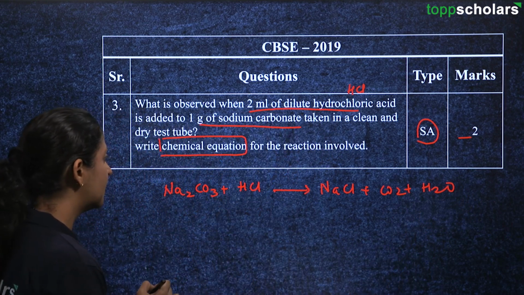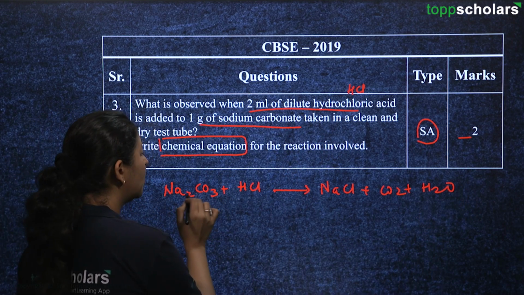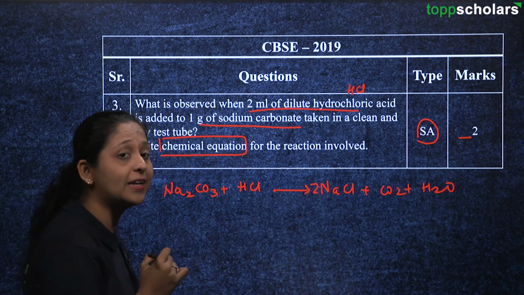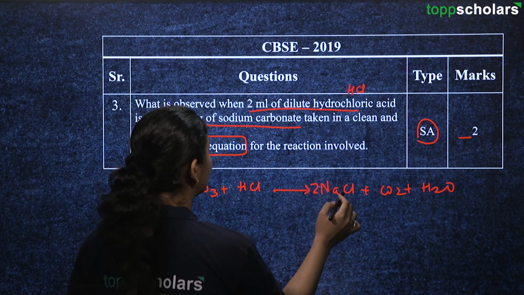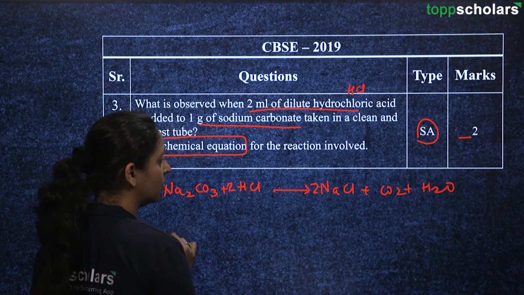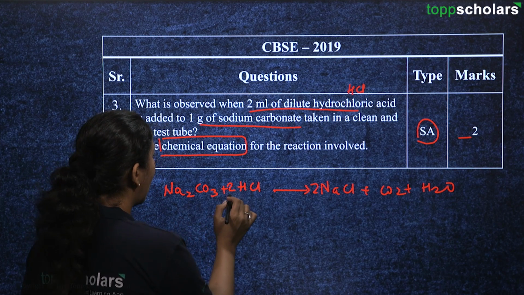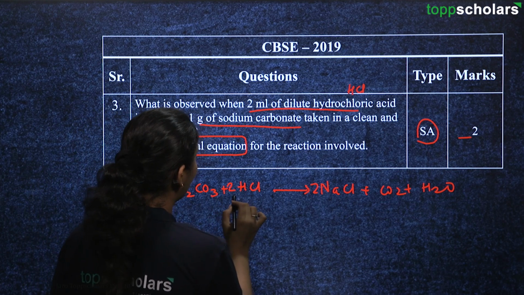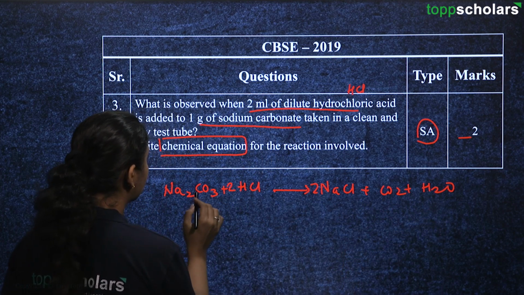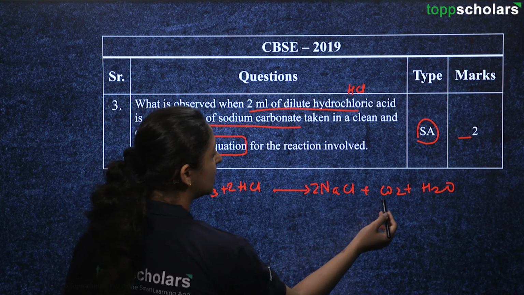Let's try to balance this equation. You are using sodium carbonate, Na2CO3. So here automatically we have 2 NaCl which is produced. If we go for the balancing of Cl, now you have 2 Cl atoms, so 2 HCl molecules will be used, right? And if we balance the hydrogen, 2 hydrogen here, 2 hydrogen here, it's already balanced. Carbon dioxide, so you have CO2.